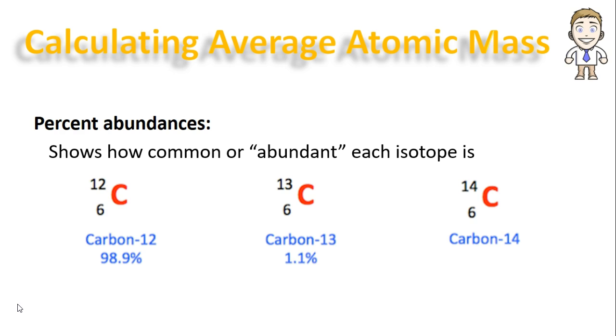Carbon-13's is only 1.1%, and carbon-14's is extremely small, less than 0.001%. What you could say from these numbers is that carbon-14 is the least abundant isotope out of the three, because very little of all the carbon atoms exist as this type, whereas carbon-12 is the most common or most abundant because almost 100% of all the carbon atoms you'll find are carbon-12.